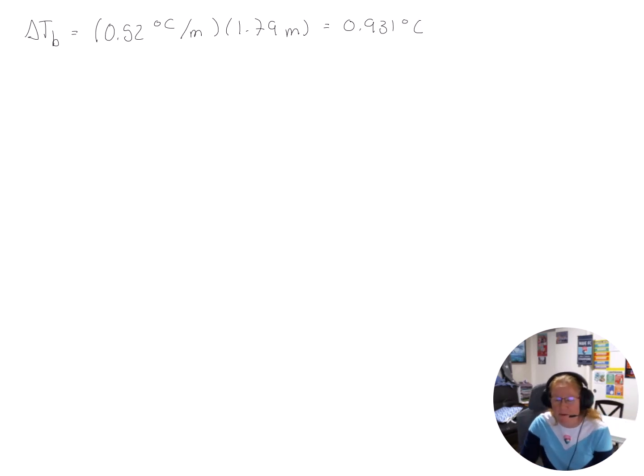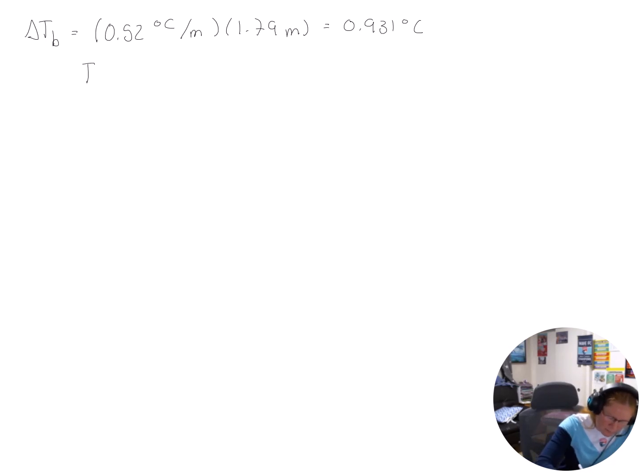All right. So our change in boiling point is going to be that Kb, the 0.52 degrees Celsius per molal, times my 1.79 molal. So I get 0.931 degrees Celsius. So what that says is that my boiling point changes by 0.931.